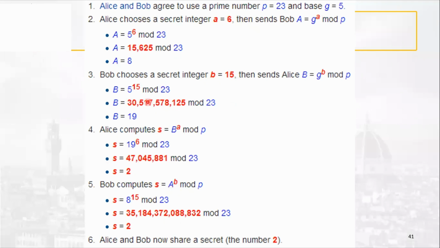Alice's public key is 8, raised to its own private key, that is b, which is 15. When you do the calculation, you get the same session key, that is 2.